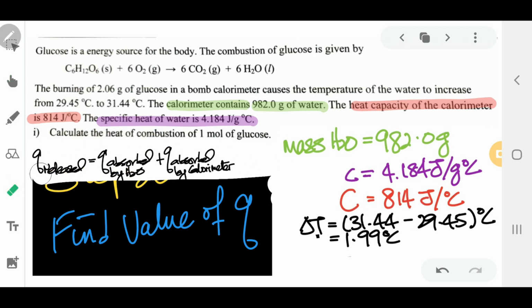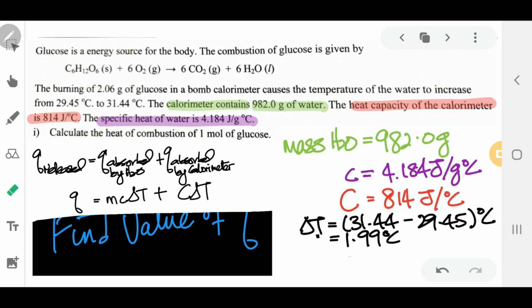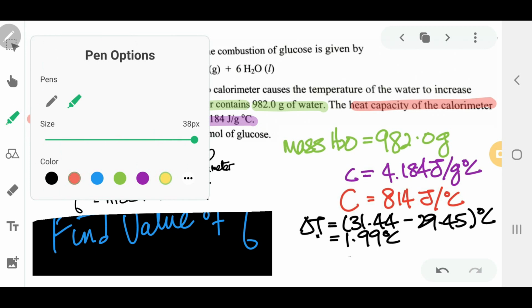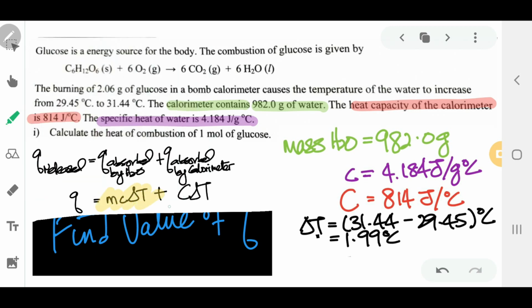Thus, you're going to substitute mass of water, which is 982, into here, and specific heat capacity of water, which is 4.184, there, delta T, and the heat capacity of the calorimeter would be C. Do you remember that this part of the Q is related to the heat absorbed by water inside your bomb calorimeter?